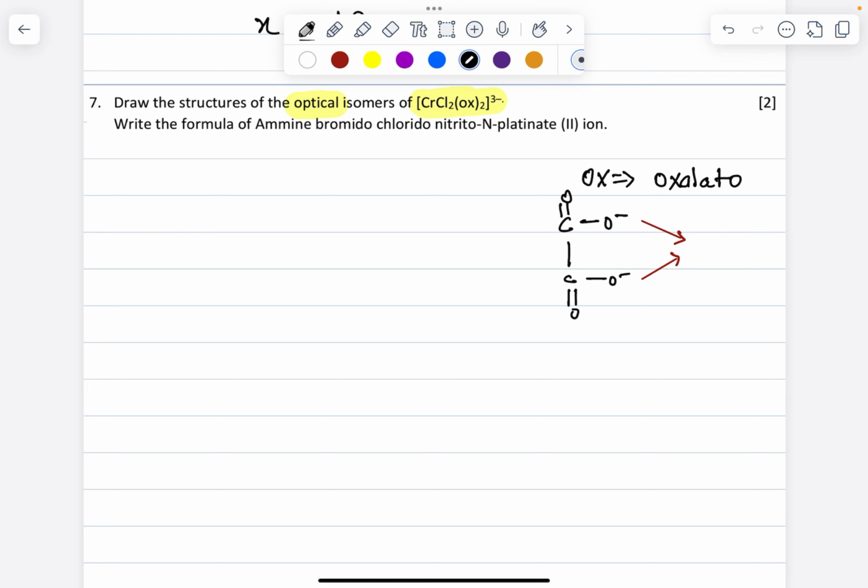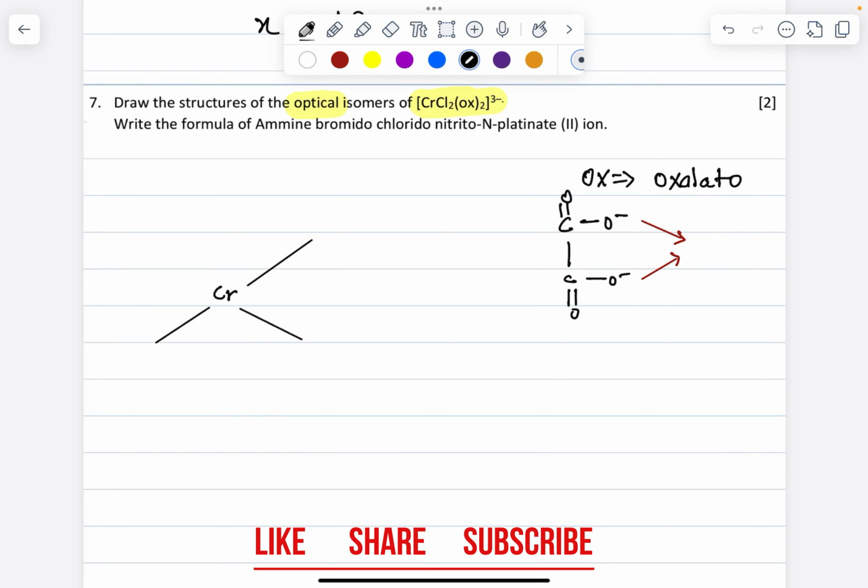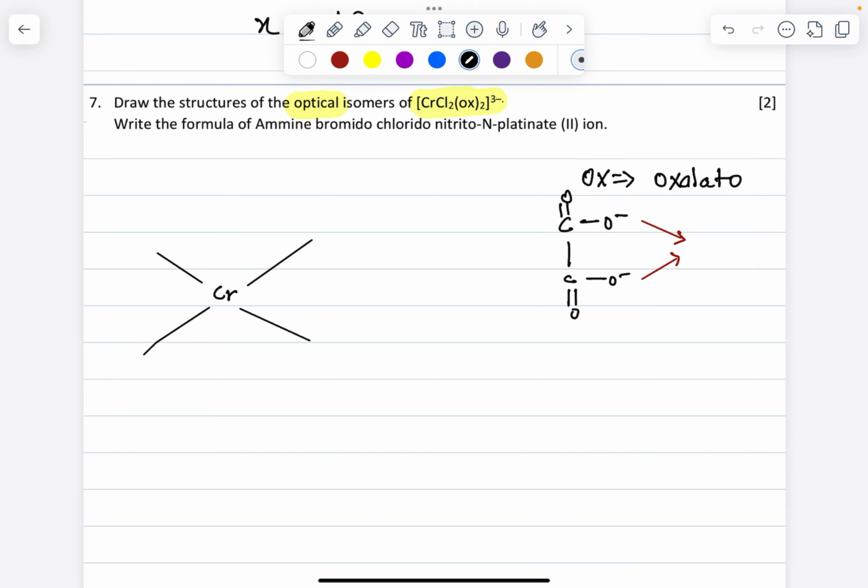So over here I'll write the chromium. One possibility of the ligand is this way. First we'll draw, since the coordination number is 6, all the 6 ligands connected to it. How do I understand? Ox has 2 linking sites, so this coordination number will be 4 and this will be 2.